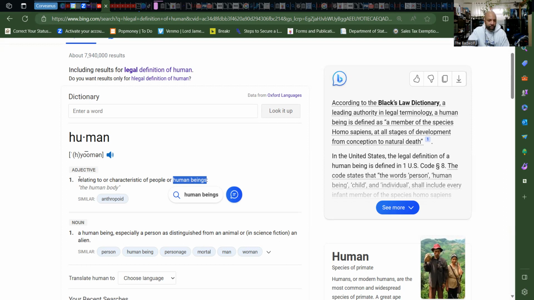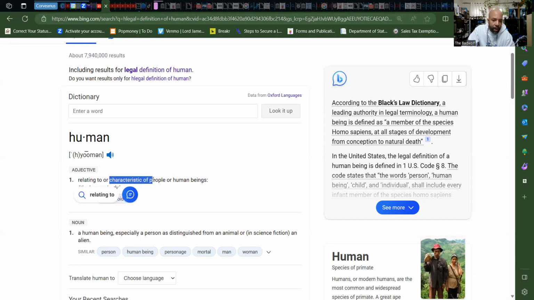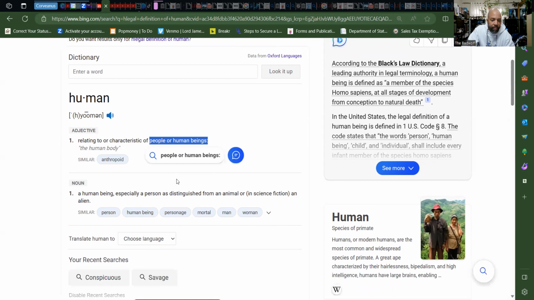It says relating to. So that means there's a relation, but it's not a direct correlation. It's related to, has relations to characteristics of people or human beings. So a human is not the same thing as a human being.